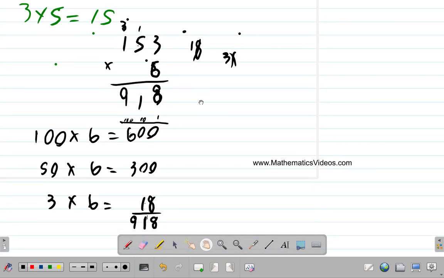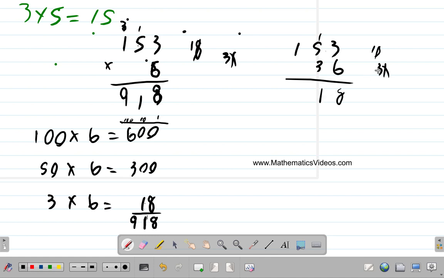Now, suppose you did have 153 multiplied by 36. Whatever you do, you do the same thing. 6 times 3 is 18. Bring down the 8. Carry 1. 6 times 5 is 30, and 1 is 31.